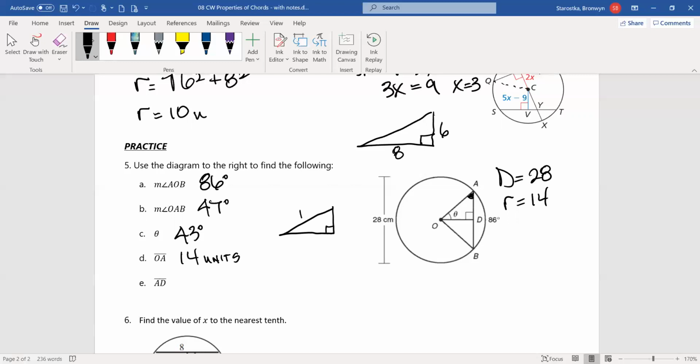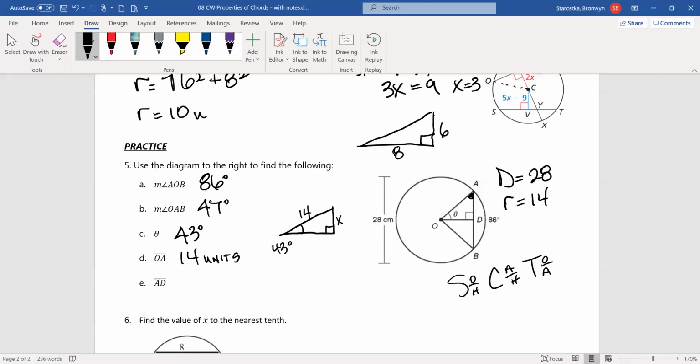I know this is 14, the radius. And I know that this angle is 43 degrees. And I know that we want this, A to D. So using SOHCAHTOA, it looks like opposite over hypotenuse.